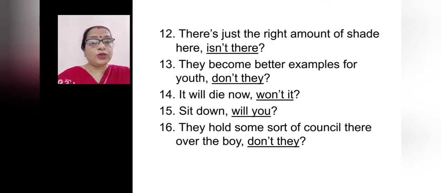Okay, so don't they? It will die now. Won't it? Will, opposite, won't. Then sit down. Will you? Yes. They hold some sort of council there over the boy. Don't they? Yes. Okay.